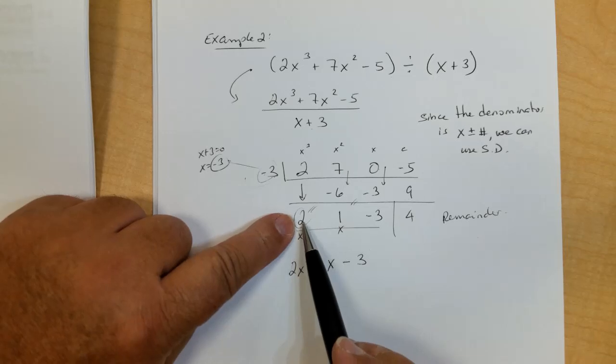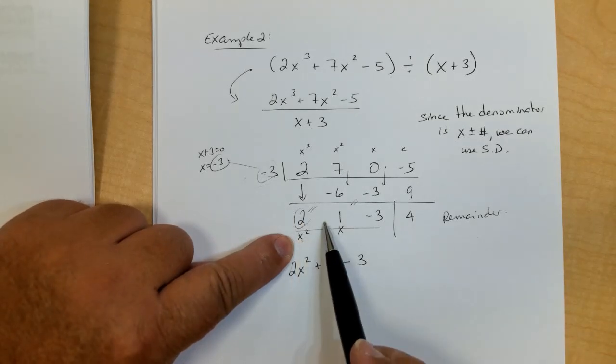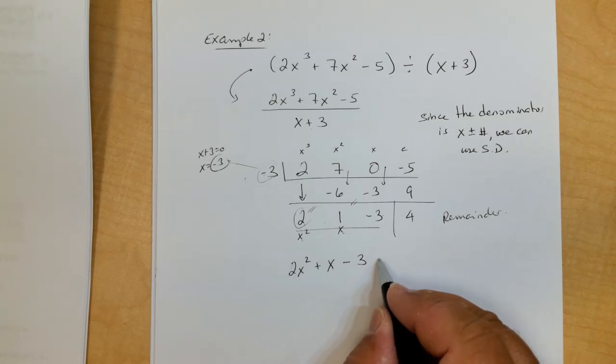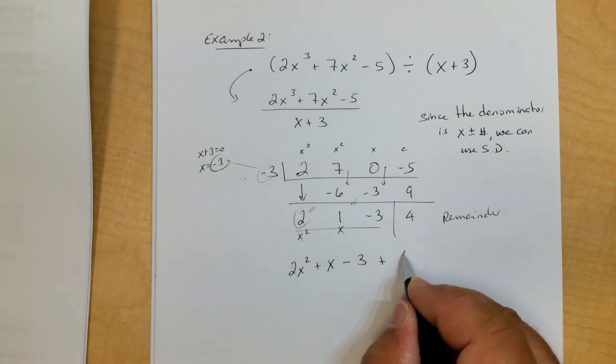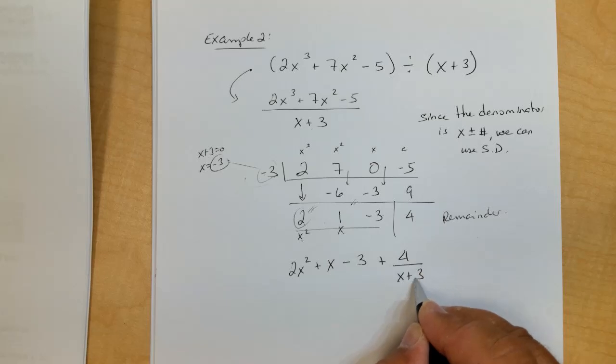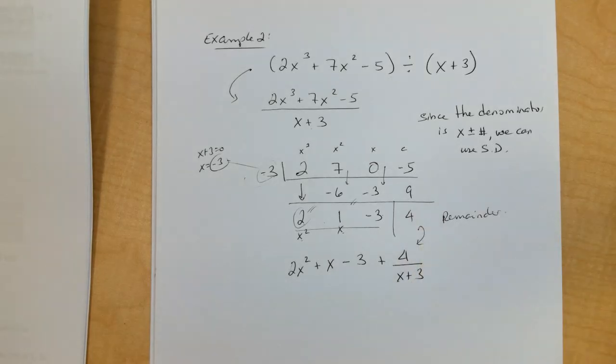So this is going to give us 2x squared plus 1x minus 3, plus 4 over x plus 3, because that's the remainder. So that's how that works.